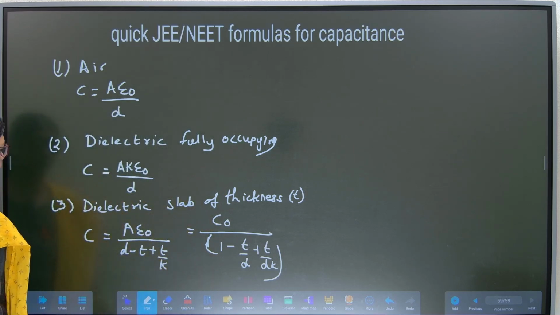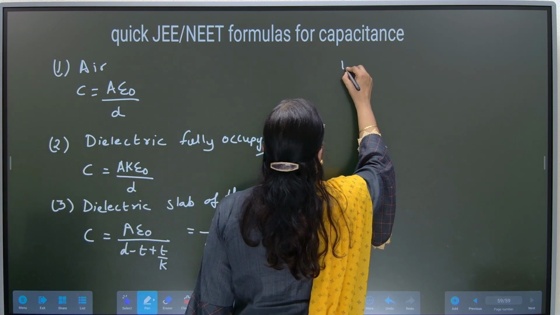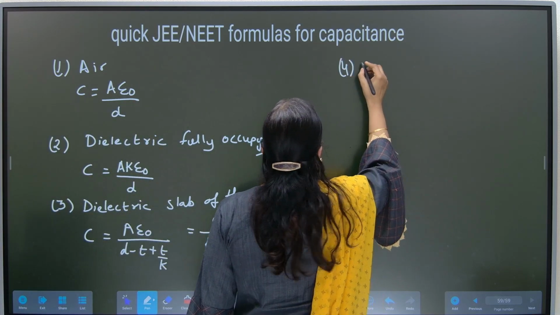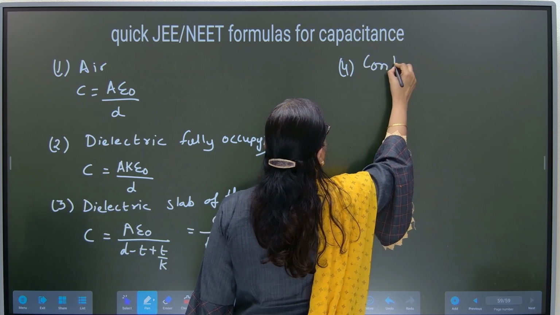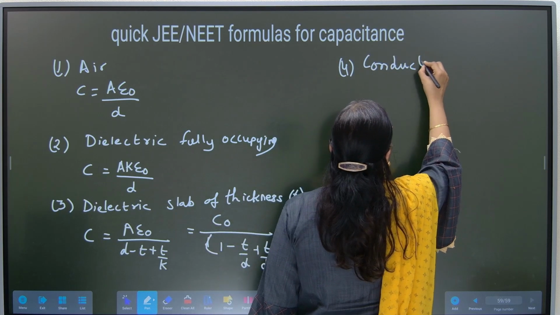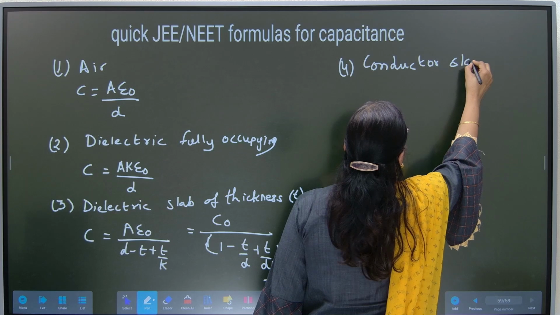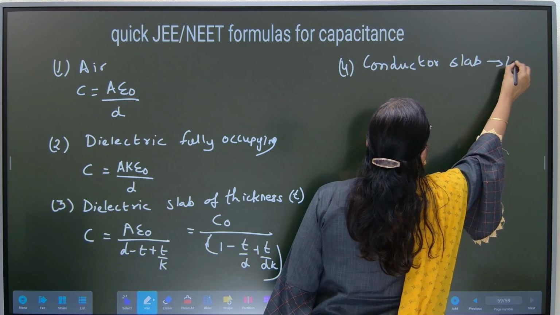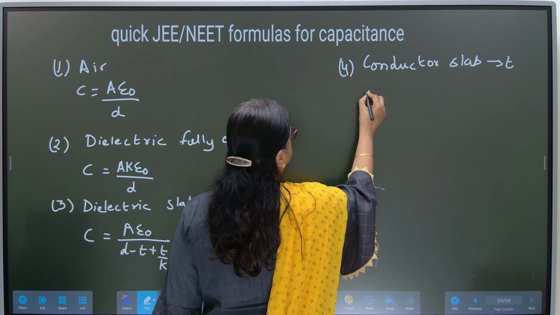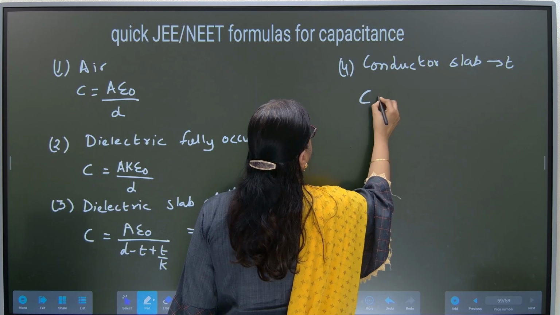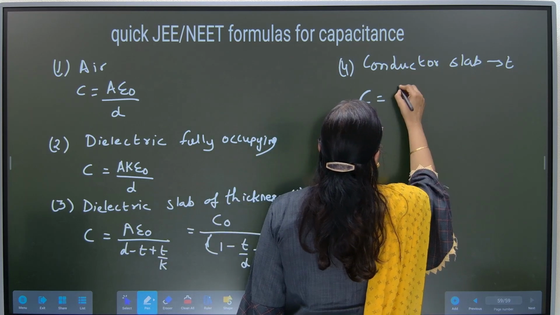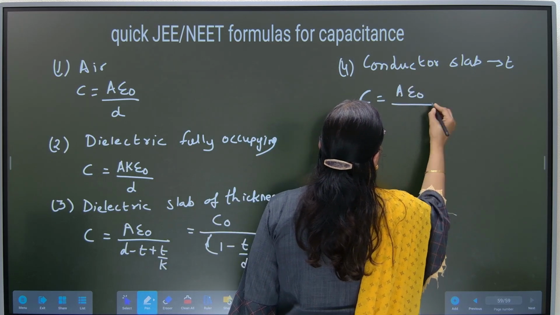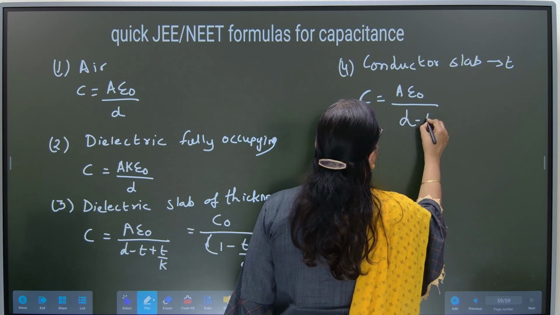Fine. Okay. Fourth, conductor slab of thickness T: C is equal to A epsilon naught upon D minus T.